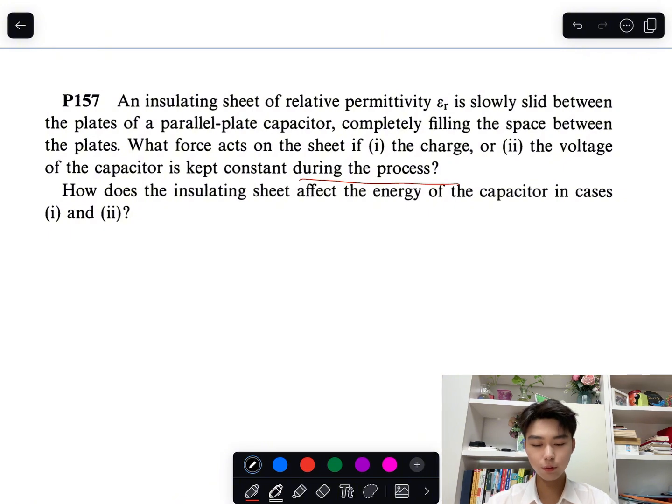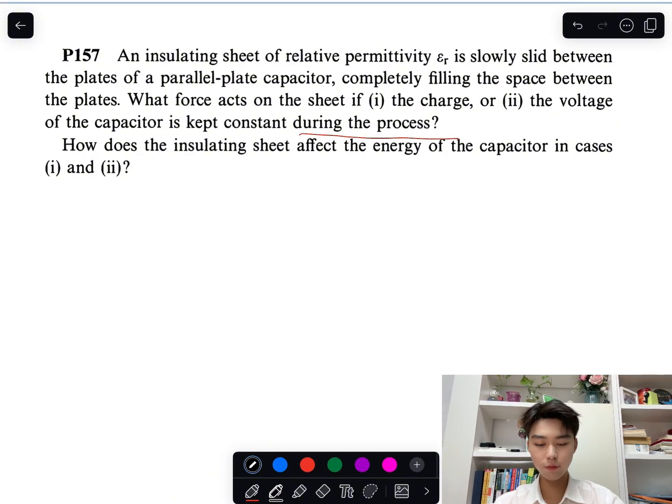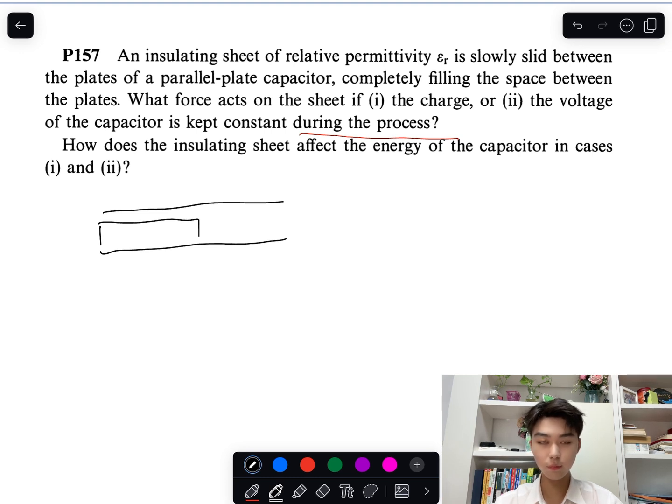The first thing we do is draw a little graph showing when x is here.